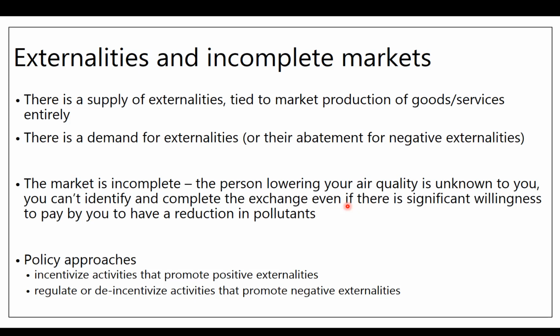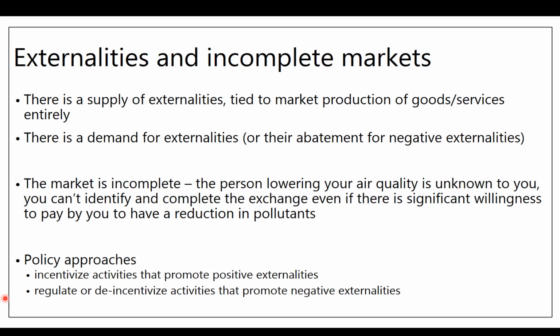You can't say I have a willingness to pay for better air quality and removal of particulates at the source, so that market is incomplete. It is not solvable, right? And in a practical sense, not just that we can't do the math, but you couldn't practically go out and do this.